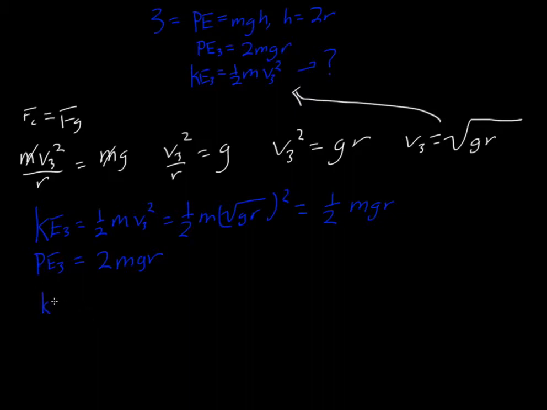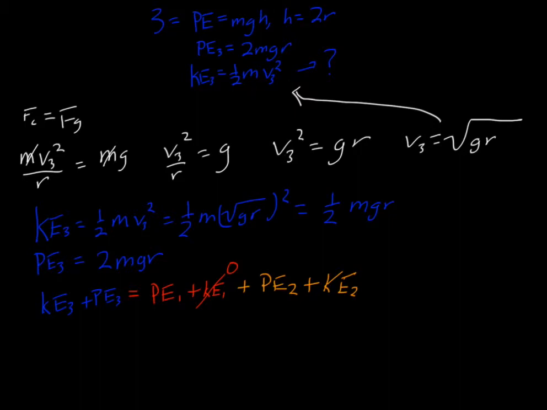And your total energy within the system, so kinetic energy plus potential energy, is going to be equal to your potential energy at point 1 plus your kinetic energy at point 1. That was 0. Plus your potential energy at point 2, plus your kinetic energy at point 2.